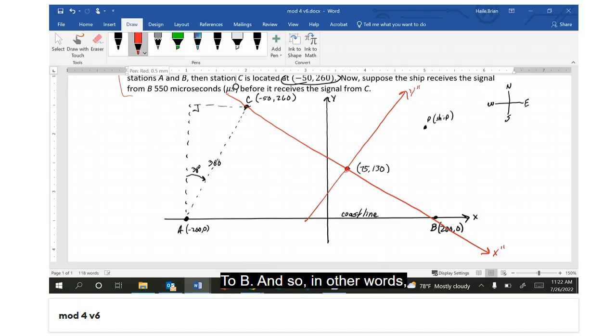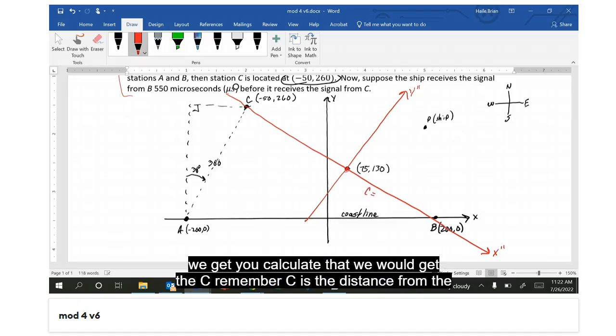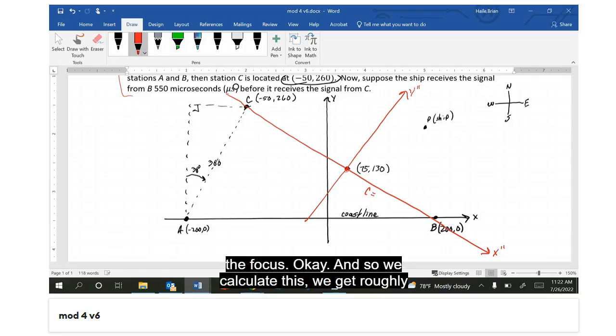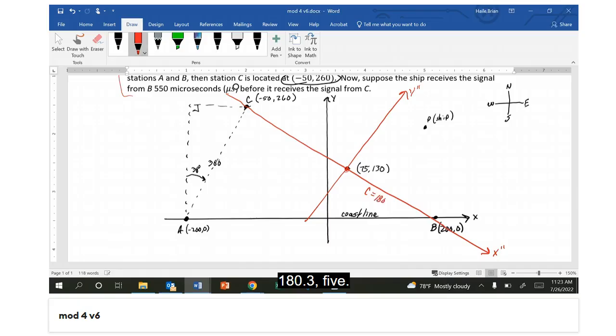When you calculate that, we get C, remember C is the distance from the center of our hyperbola to the focus. We calculate this and get roughly 180.35. I'll put that there.